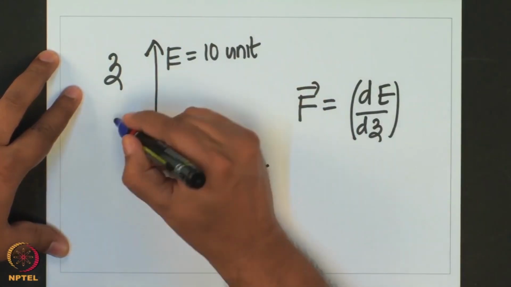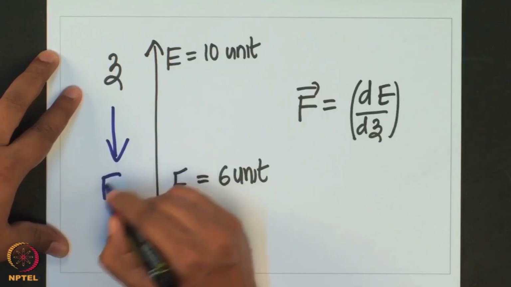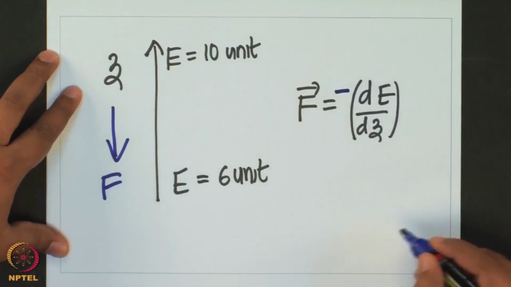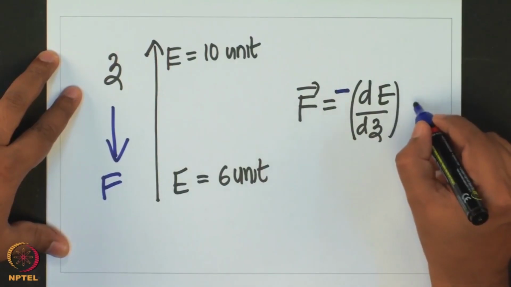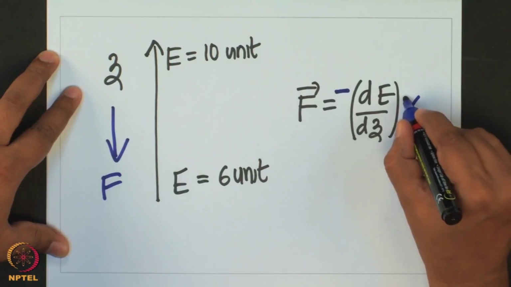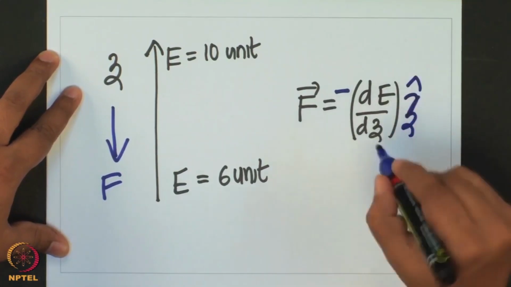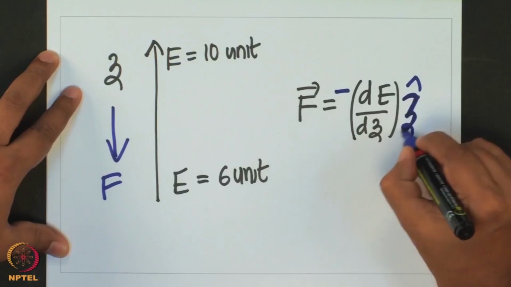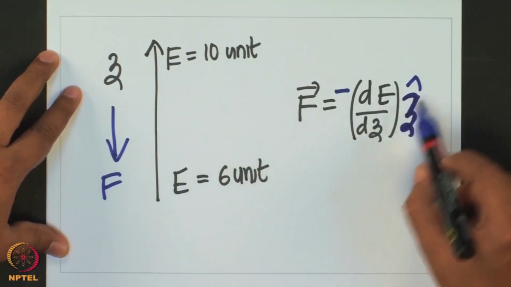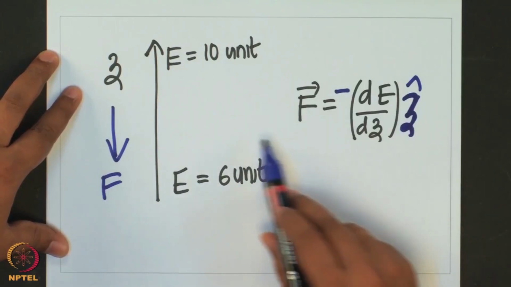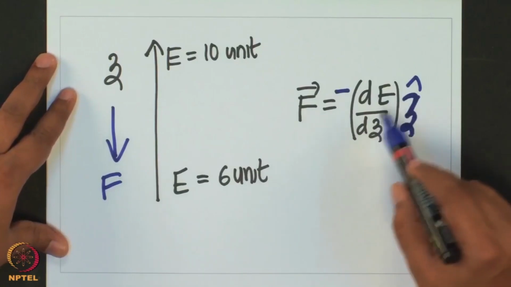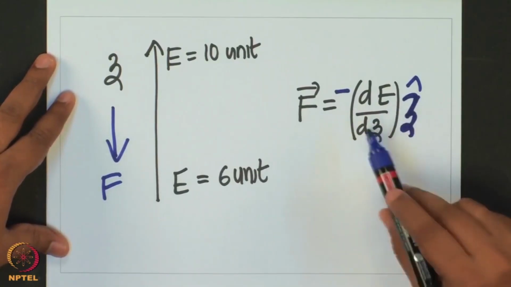So the direction of the force will be from high energy to lower energy. So the force will be with a minus sign and along the z cap. So F will be minus dE by dz, z cap. So this is higher energy and lower energy, and this would mean the definition of force.